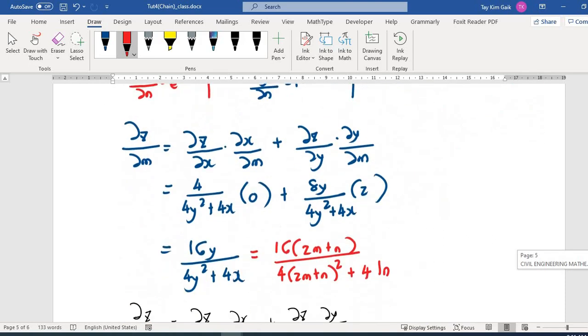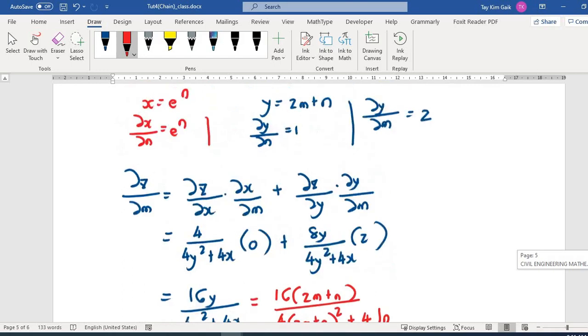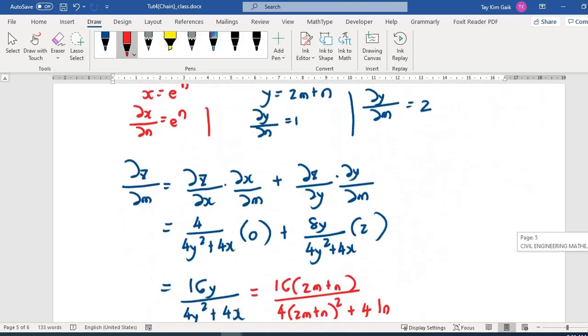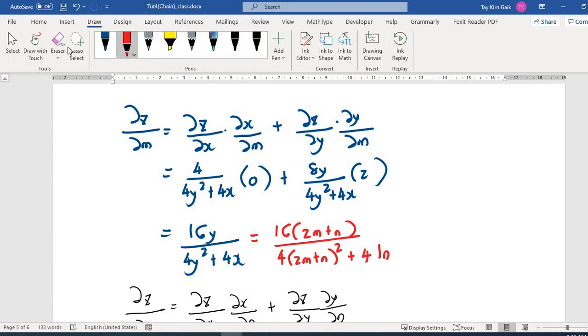Sorry. X. This is Z. X is exponent n, sorry. Okay, and then you can simplify 4.